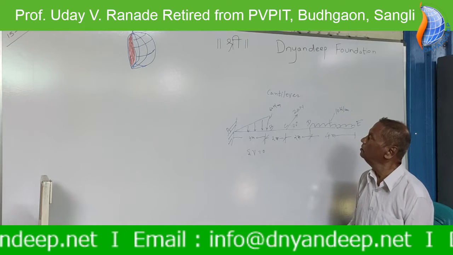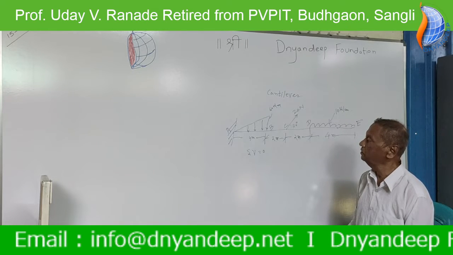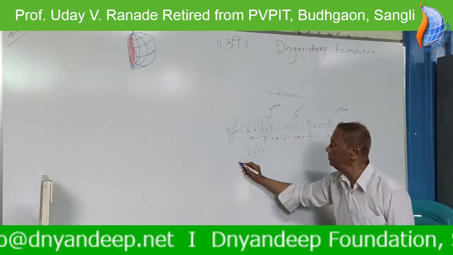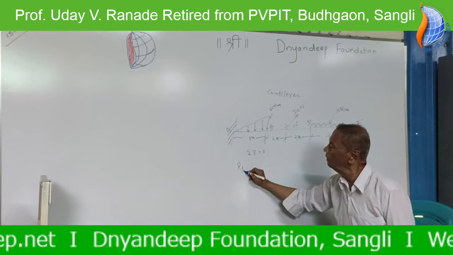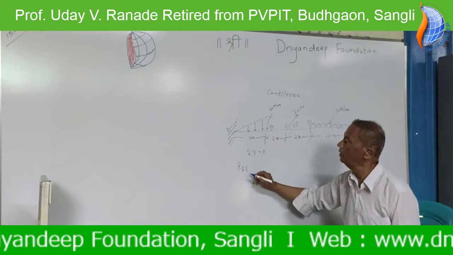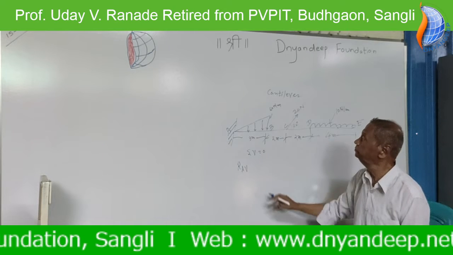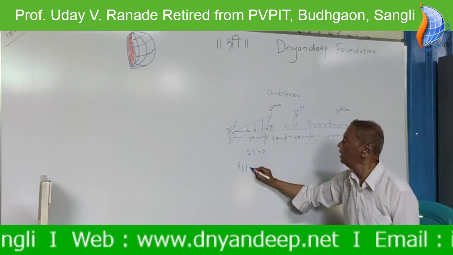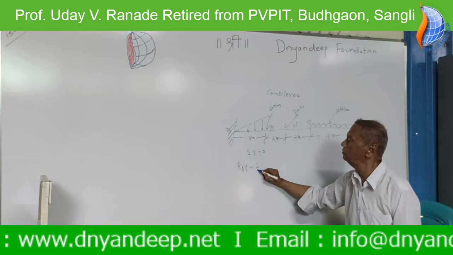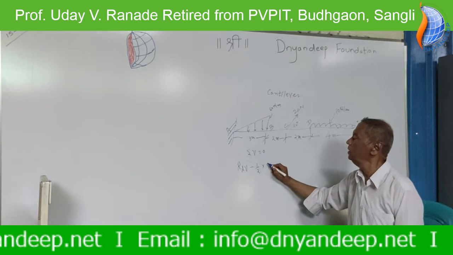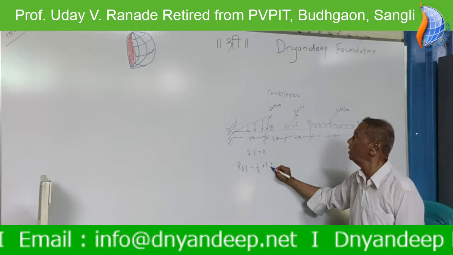At A, there is vertical reaction. Vertical reaction is RAV. It is upwards. This load minus 1/2 into base into height.